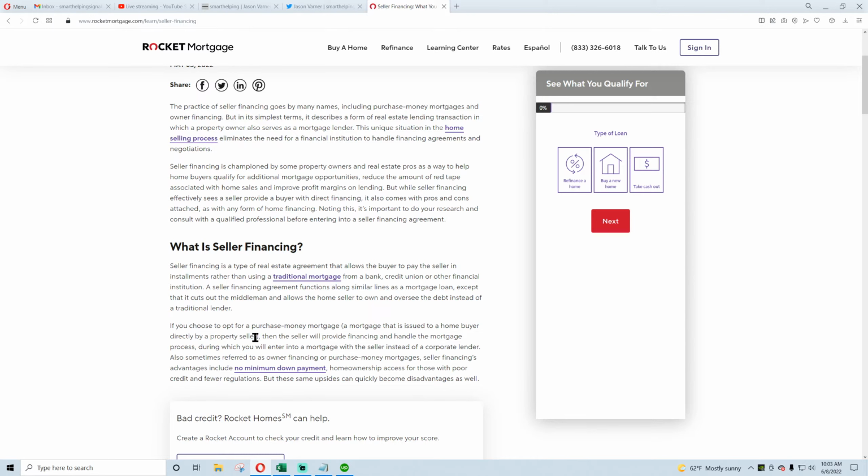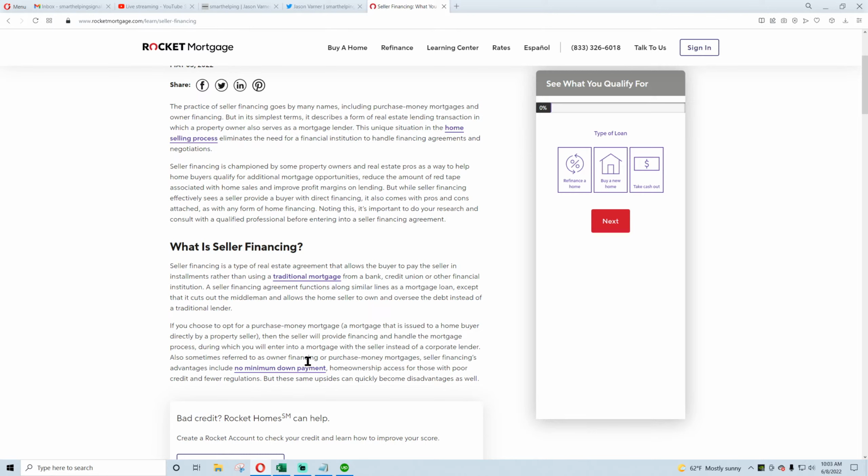So if you choose to opt for a purchase money mortgage, a mortgage issued to a home buyer directly by the person, then the seller will provide financing and handle the mortgage process, during which you will enter into a mortgage with the seller instead of a corporate lender, also sometimes referred to as owner financing.